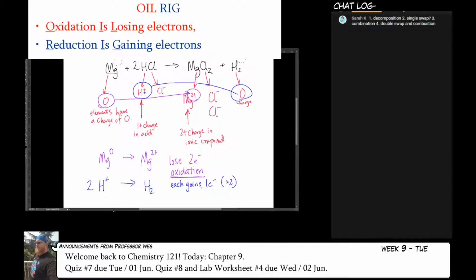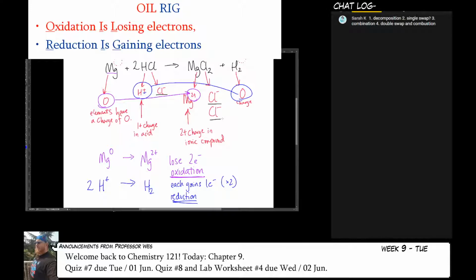Well, since hydrogen gained electrons, this is a reduction. Now, if I look at chlorine, chlorine starts as -1 and ends as -1. So nothing happened to chlorine. It was neither oxidized nor reduced.